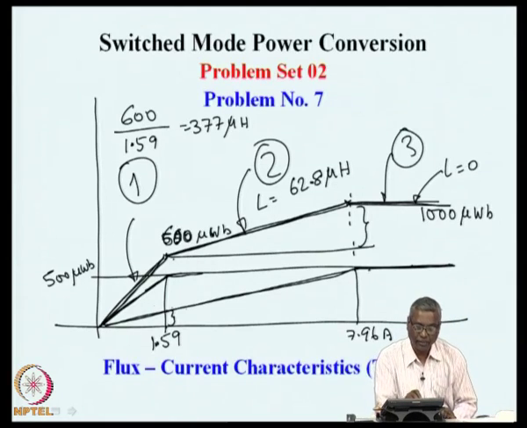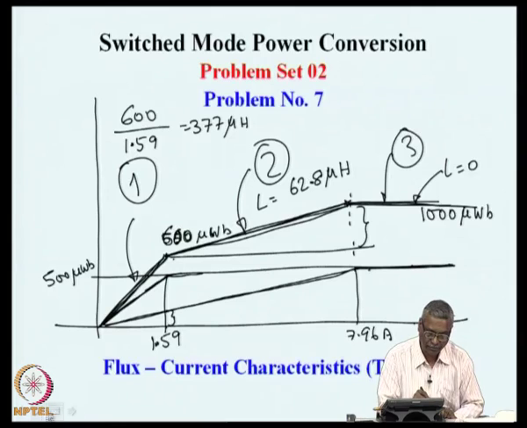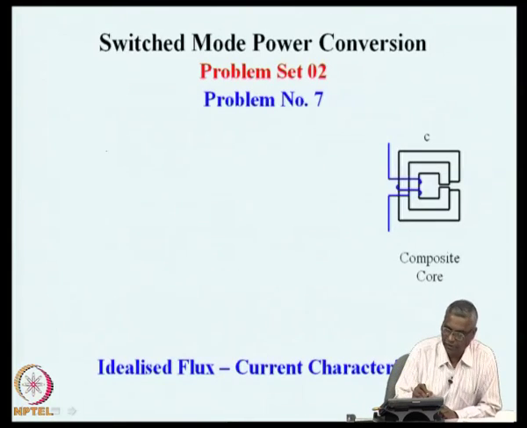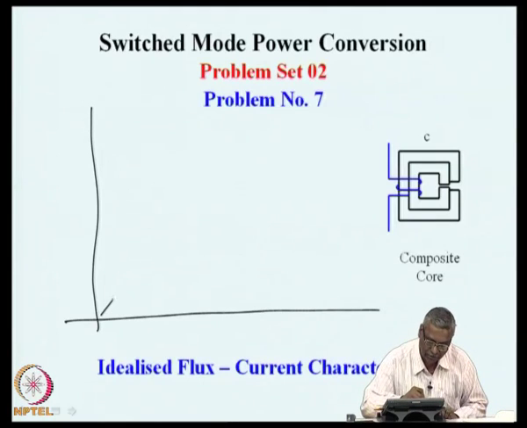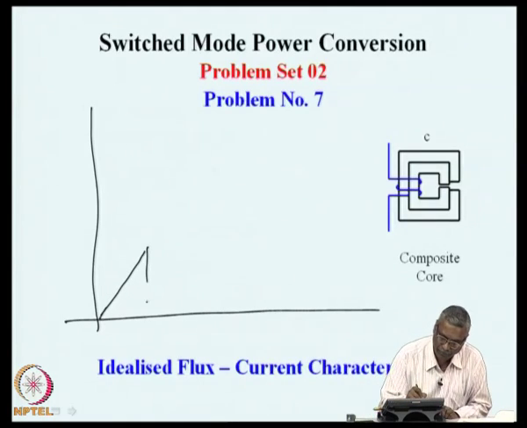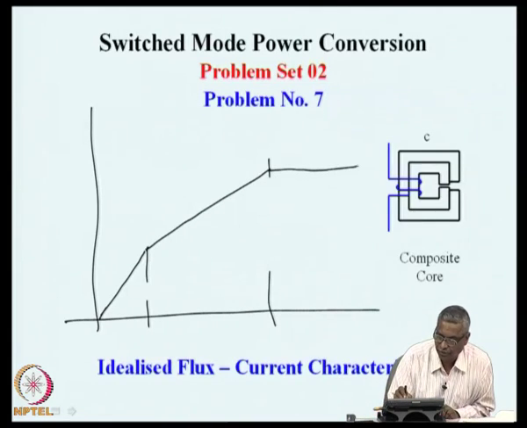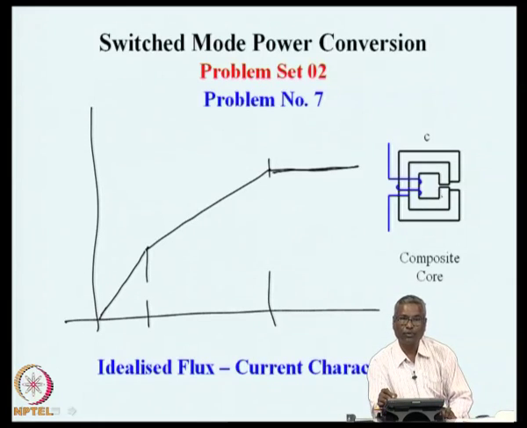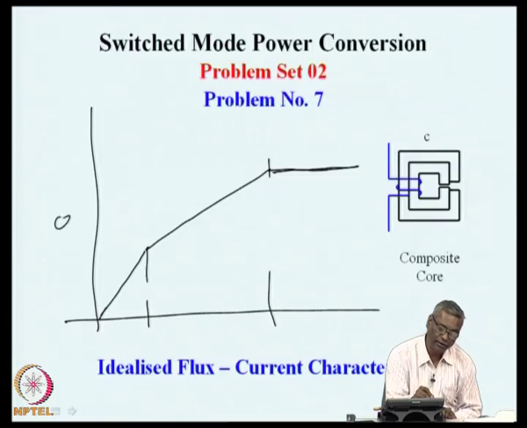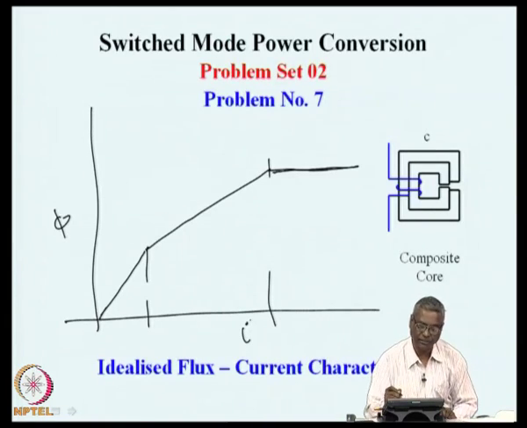So, effectively we have made a magnetic core which has a flux current characteristics with one slope in region 1, another slope in region 2 and then flat slope in region 3. So, by using a composite core, it is possible to shape the flux versus current characteristics to have different sections.